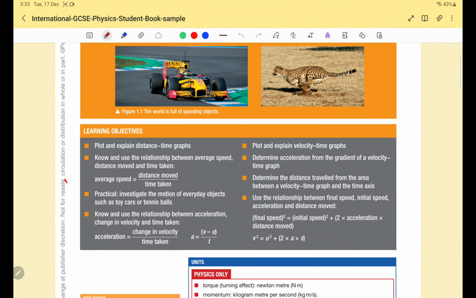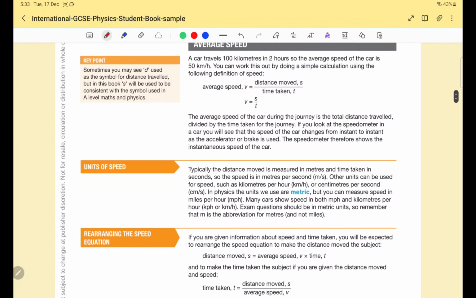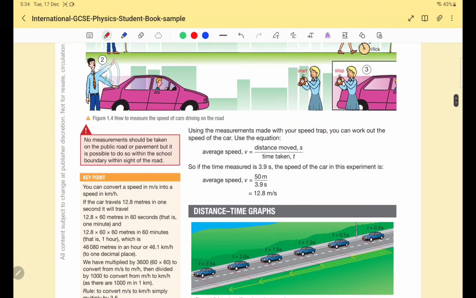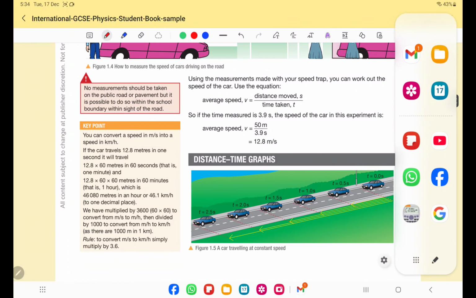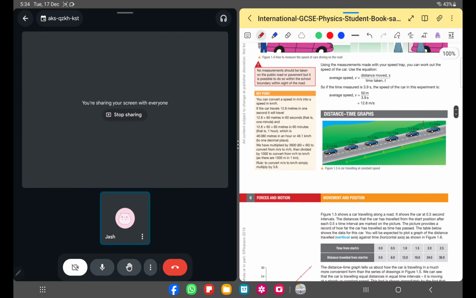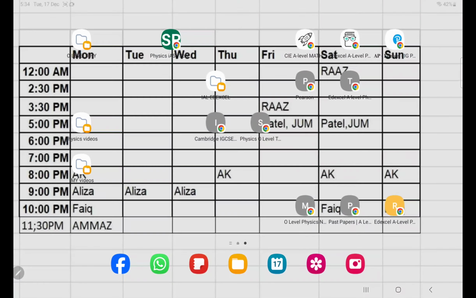This is the topic which we have covered. I want to practice some questions from this book, so I should copy from the book onto the writing page.